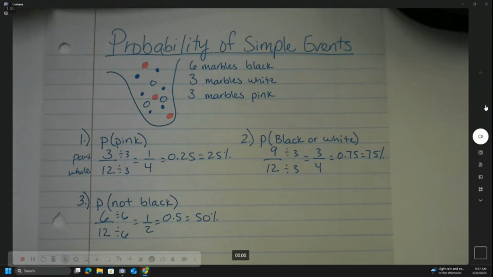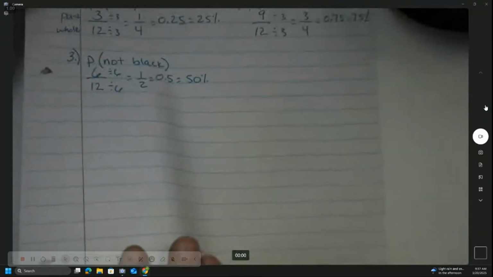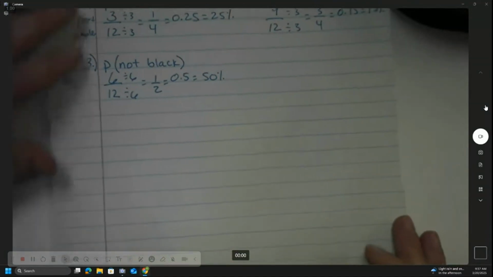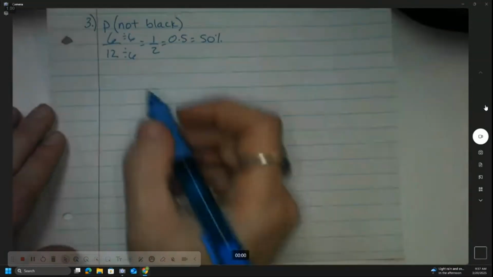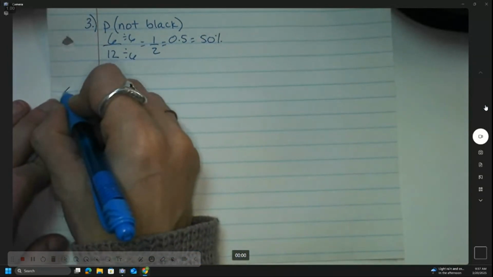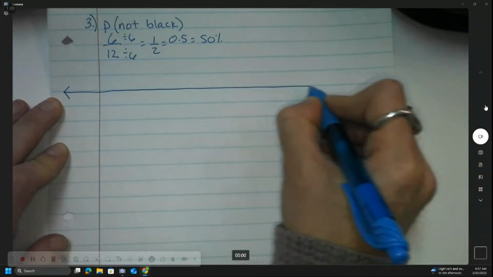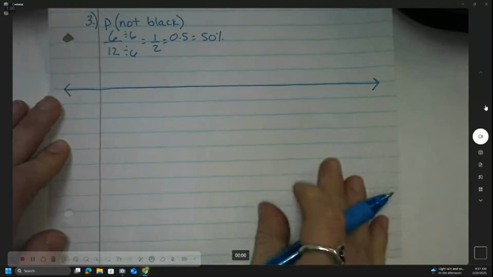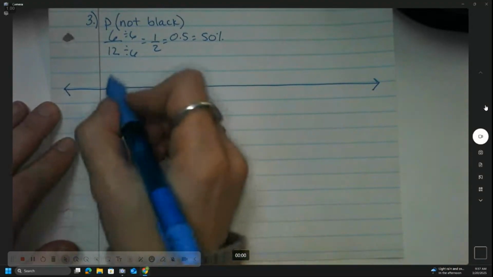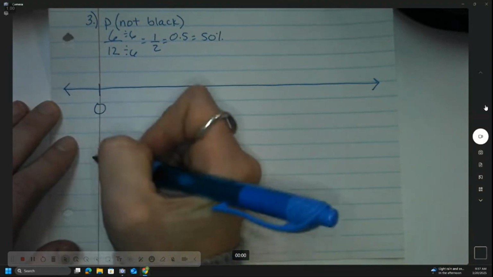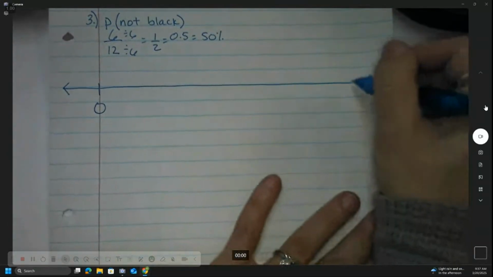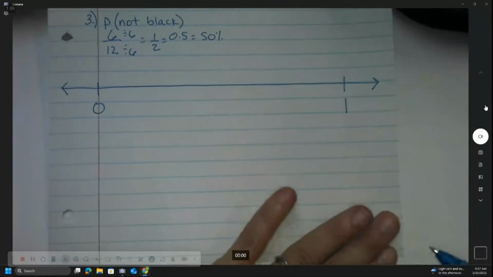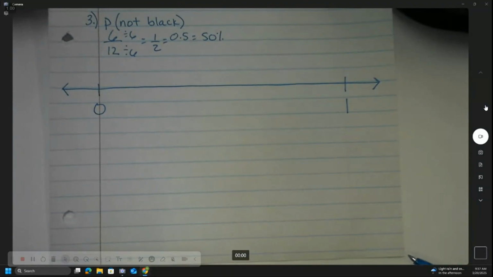Now, we need to also understand some terminology when we deal with the probability of events. So some terminology, let's go ahead and write or draw a number line real quick. I want it to take up the majority of the paper there. And if this is 0, and all the way over here is 1, or 1 whole, we're going to relate it to fractions, decimals, and percents.